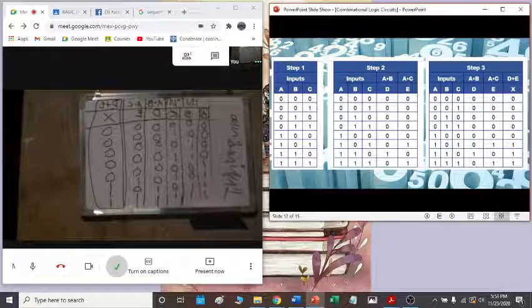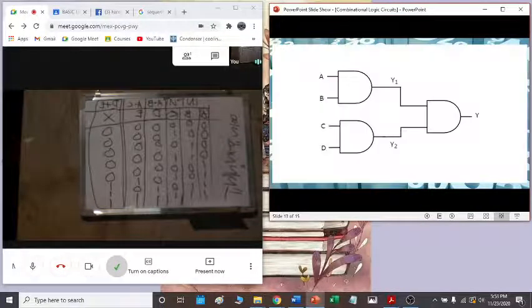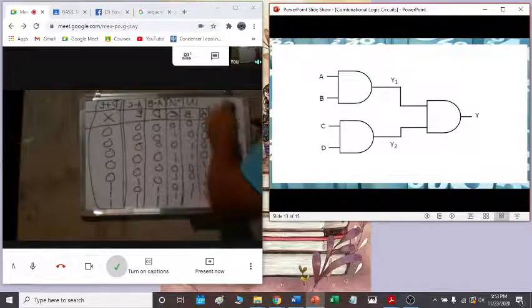So, these are the steps on how to get the output of our combinational logic circuit. So next, what we have here is a 4 input, 1 output combinational logic circuit.